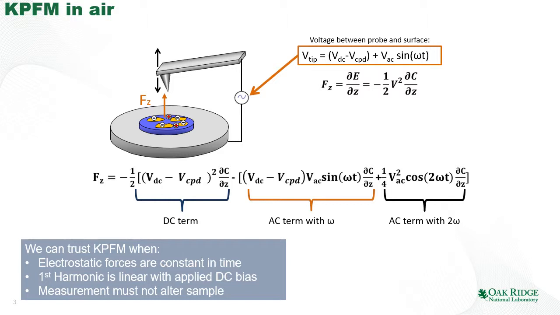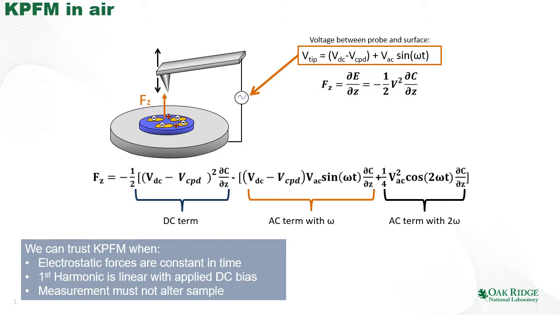However, the versions of KPFM we talked about were implicitly based on the assumption that the electrostatic forces are constant in time. We also implicitly rely on the assumption that the electrostatic interactions are linear with the applied DC bias. And we also assume that the measurements did not change the sample.